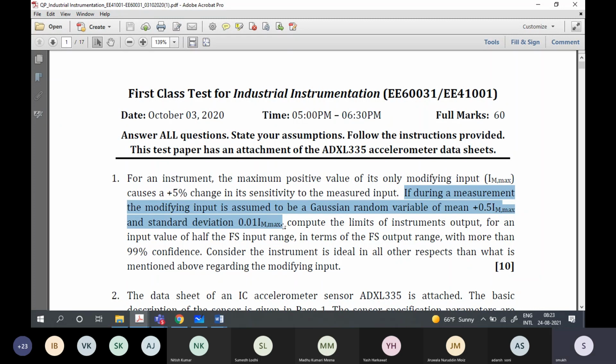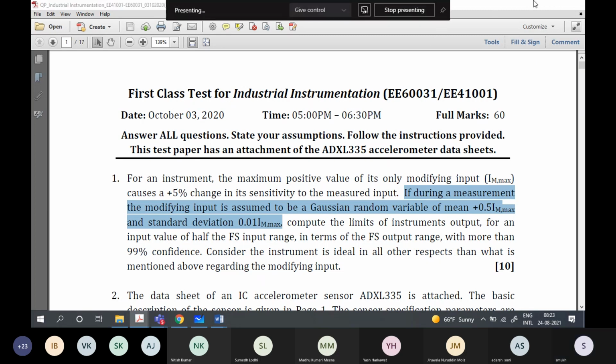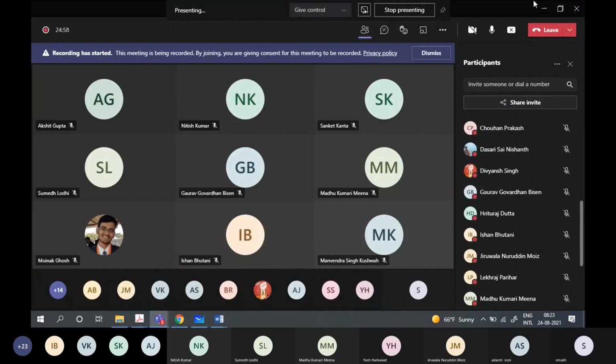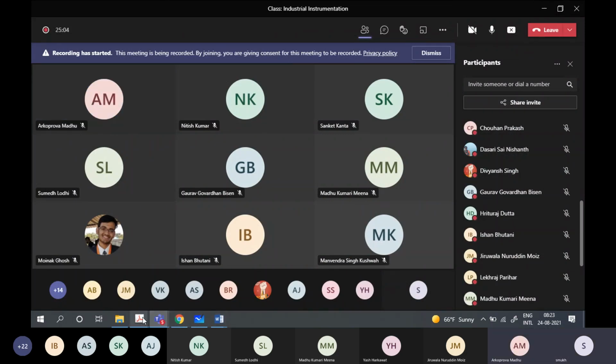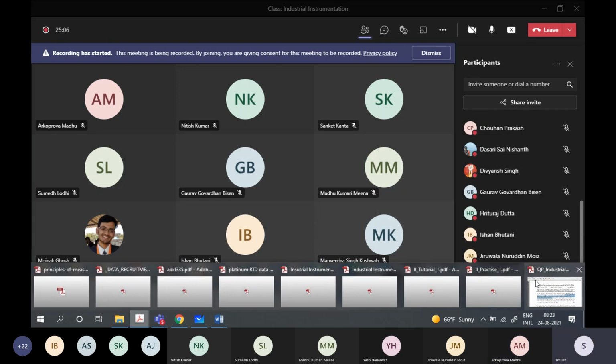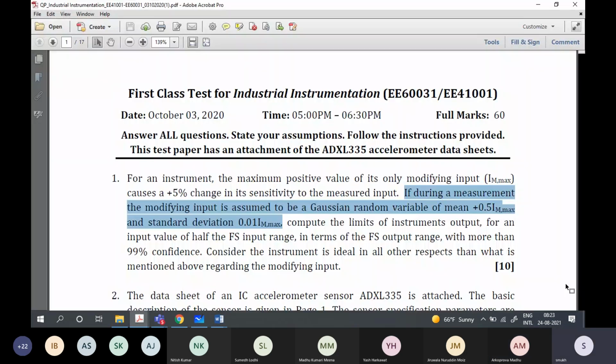Can you see the marked part in my slide? Yes, sir. Thank you. So if you can see the marked part, then can you tell me that under this situation, what are the limits of IM that can occur?